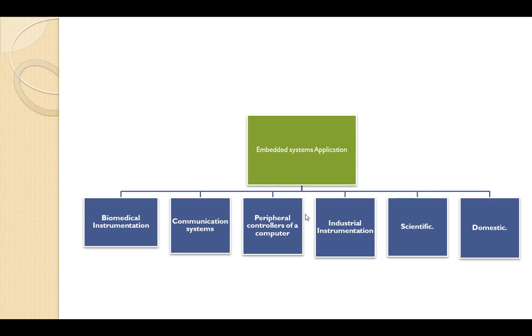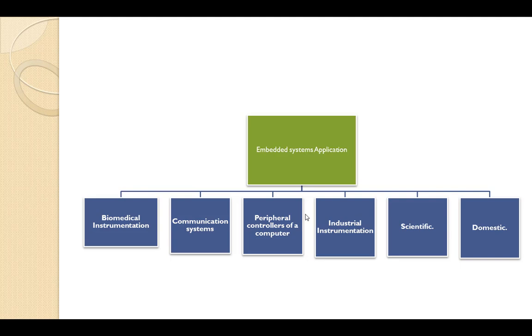So based on the requirement and based on the field, we have classified where all the applications we can see of embedded systems. We can see them in biomedical instruments.